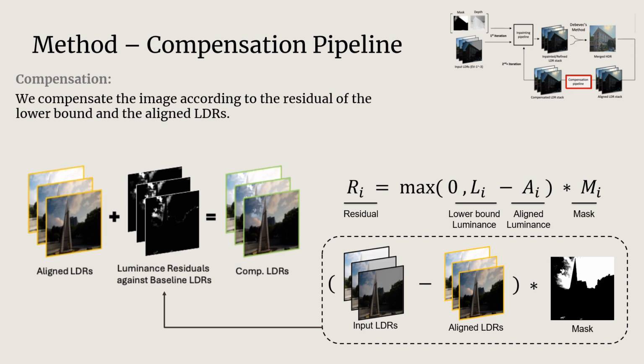To maintain exposure consistency, we develop a compensation pipeline. We calculate a residual based on the difference between the aligned LDRs and a calculated lower bound of luminance. This ensures the generated regions blend naturally with the original unclipped areas.